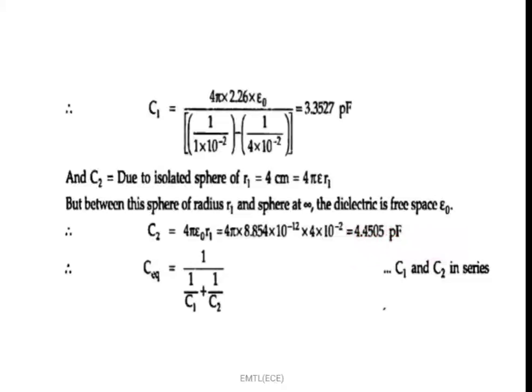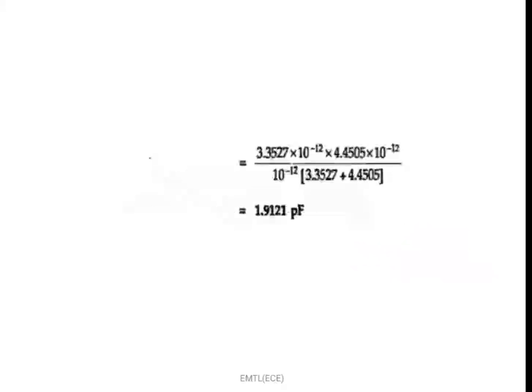So C equivalent value is equal to 1 by C1 plus 1 by C2. We have already found the values of C1 and C2. Now substitute these values in this expression, that is 3.3527 × 10^-12 into 4.4505 × 10^-12, by taking 10^-12 common, over 3.3527 plus 4.4505.